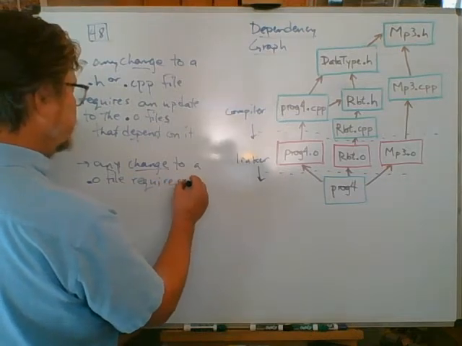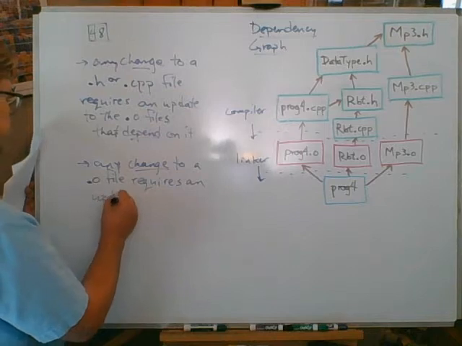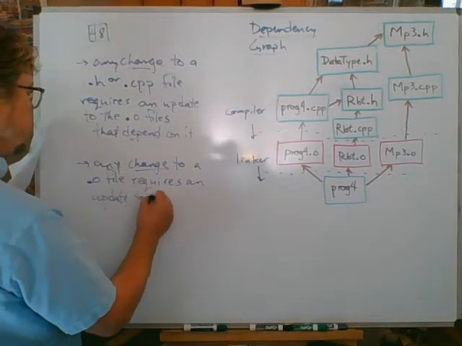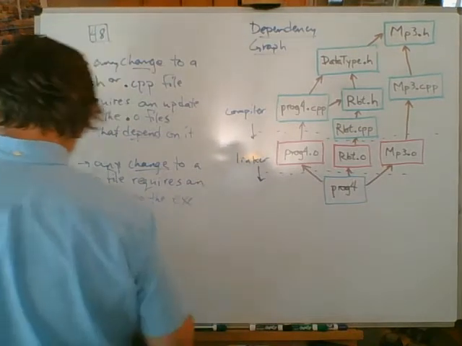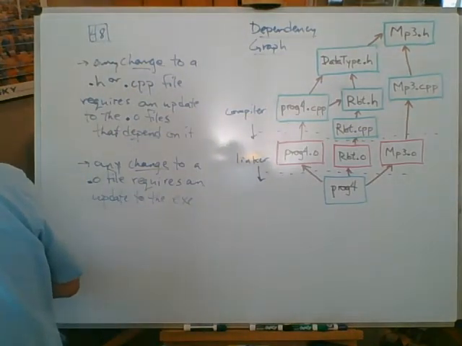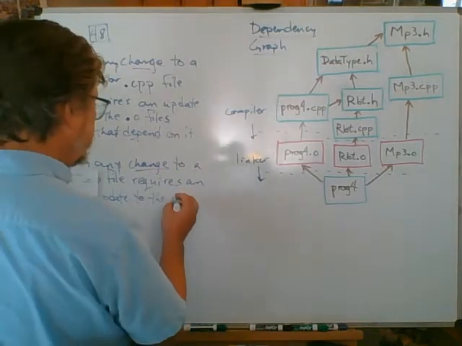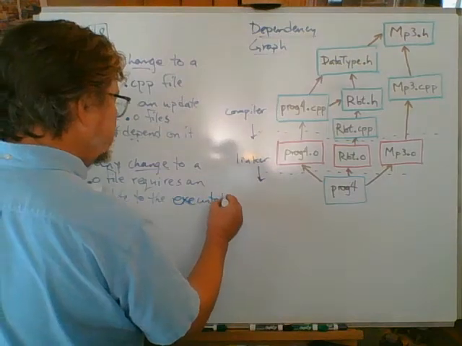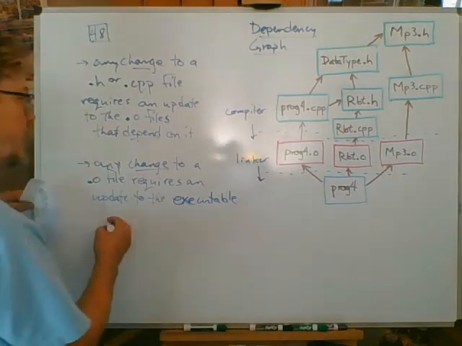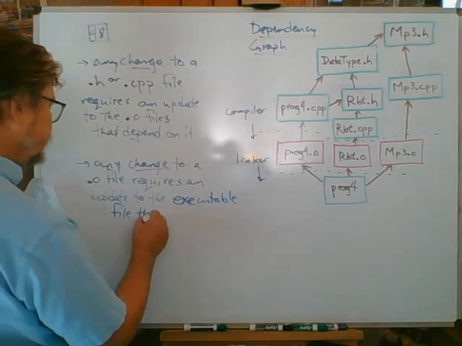Requires an update to the executable file. I'm going to have to get a darker marker. One moment, please. There. E-X-E-C-U-T-A-B-L-E. It looks emphasized, doesn't it? To the executable file that depends on it.